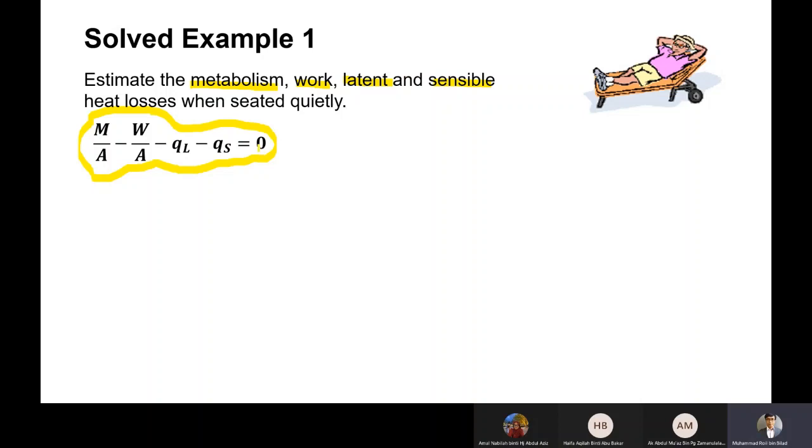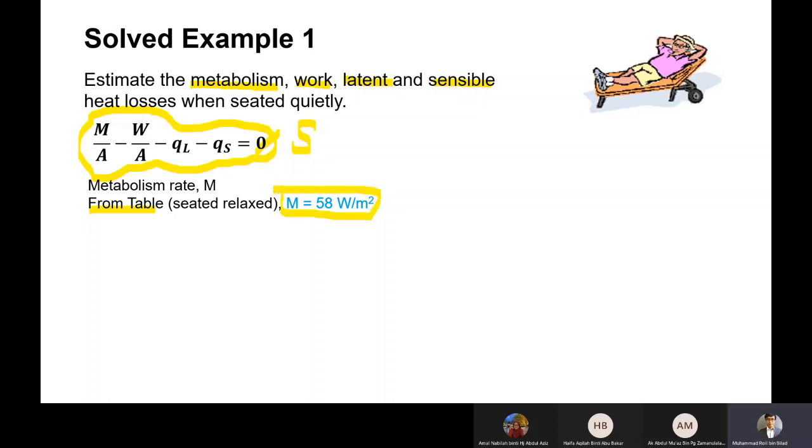When not at steady state, we have the element S, which is basically the storage. So, metabolism rate when you relax: we check from the table and find that when we relax, it's about 1 MET, which is 58 watts per square meter. That is the metabolism rate.